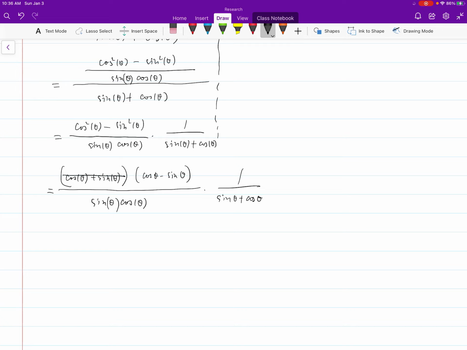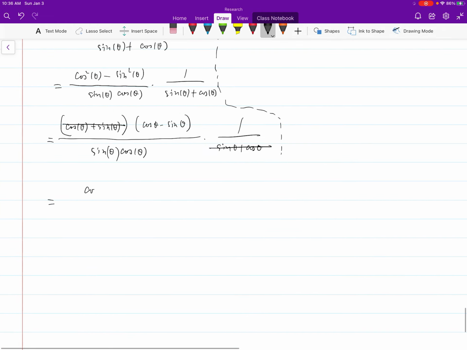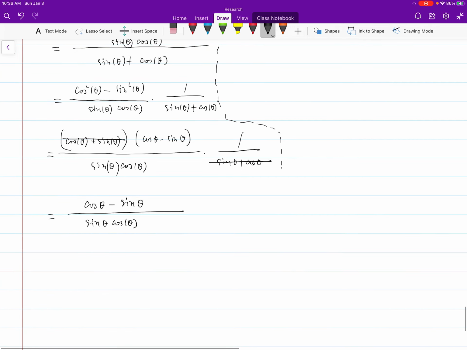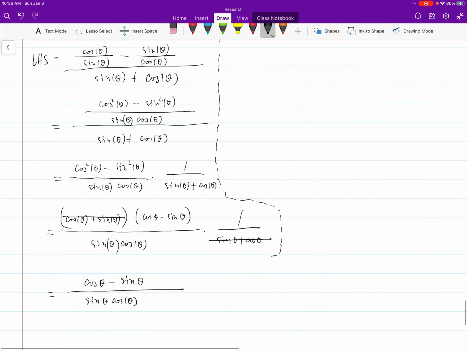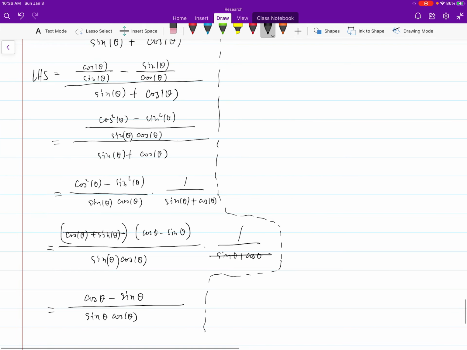Again, the classic a squared minus b squared identity. And the reason we want to do that is because once you do that, you find a common factor. And then what you have here is going to be nothing but cosine theta minus sine theta, over sine theta cosine theta on the bottom.